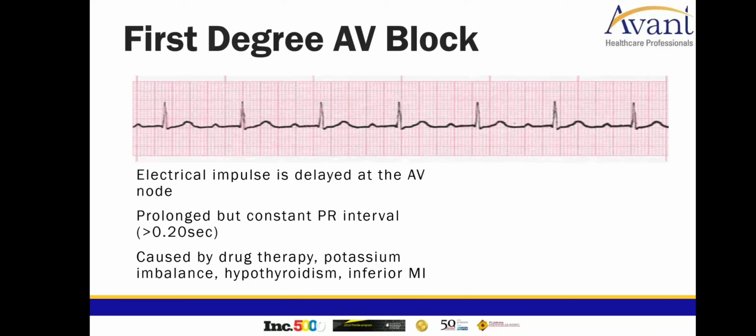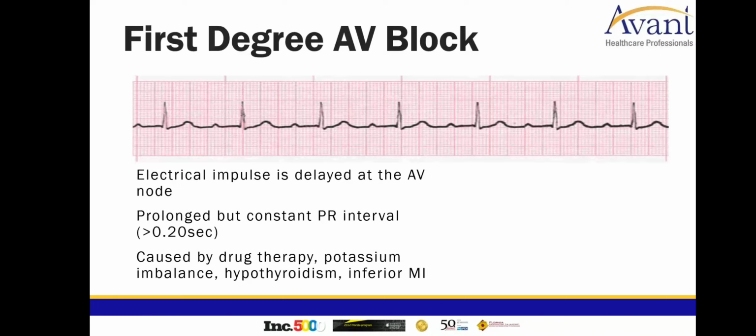They know each other pretty well, but they don't necessarily need to be cozy and holding hands all the time. This may be the couple that sleeps in separate bedrooms, not because they don't like each other, but because they don't want to hear each other snore. They're fine with their relationship, and they may be further apart, but they're together. So I think of the first degree AV block as the older couple.